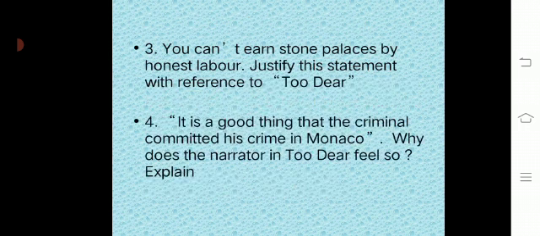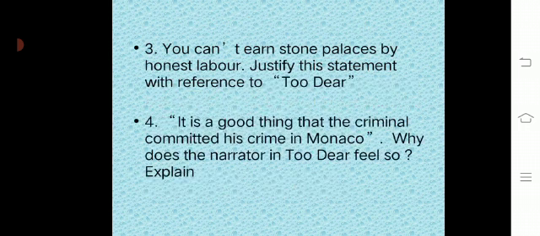So it is difficult to build up stone palaces just by doing very honest labor. That is what you have to justify from the point of view of the king of Monaco.